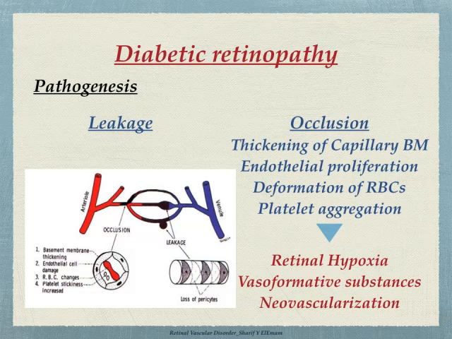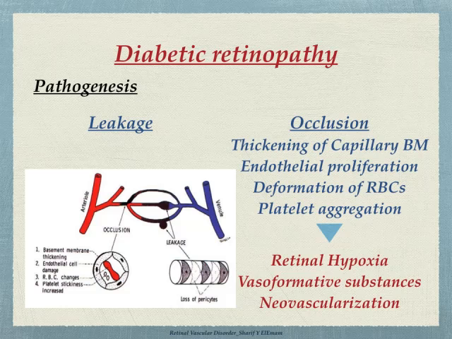Not only this, the retina responds when it does not have enough blood reaching it. It sends out for help, so it produces some substances called vasoformative substances, which we can collectively call VEGF, the vascular endothelial growth factors. These are growth factors that are produced by the hypoxic retina to stimulate the growth of blood vessels, so more blood can reach it.